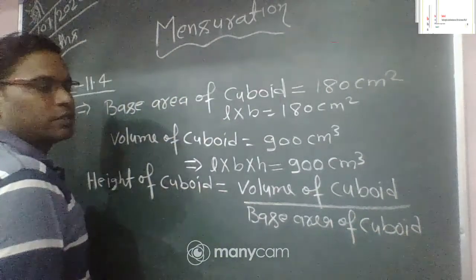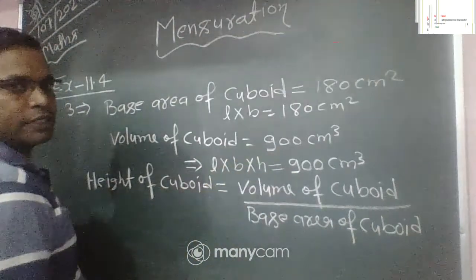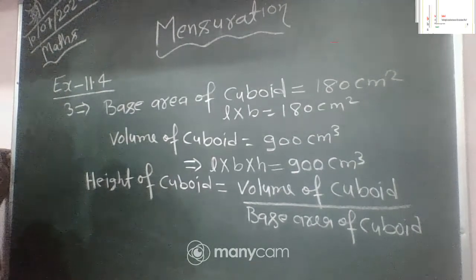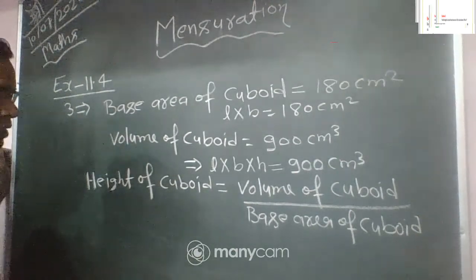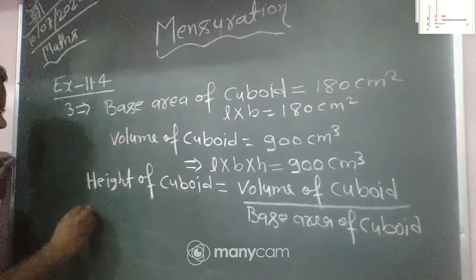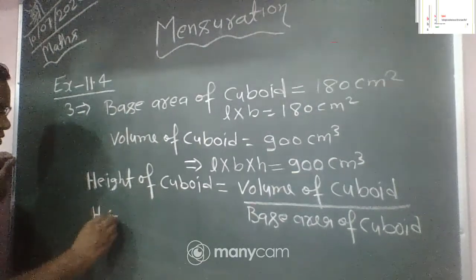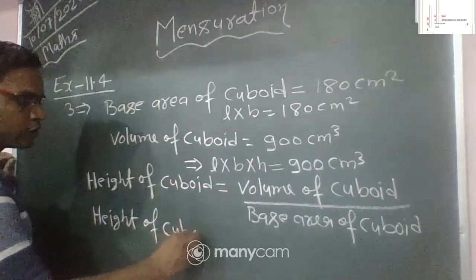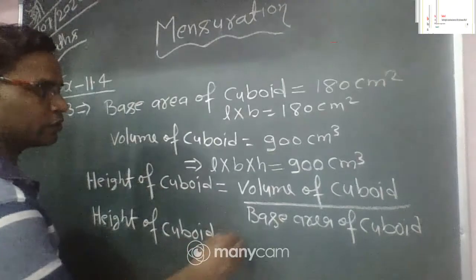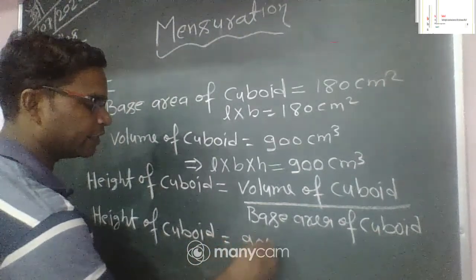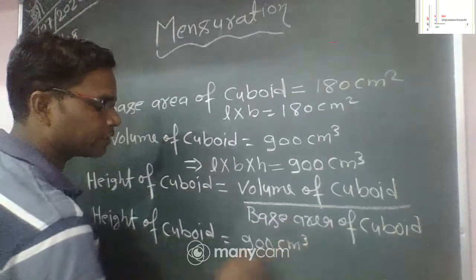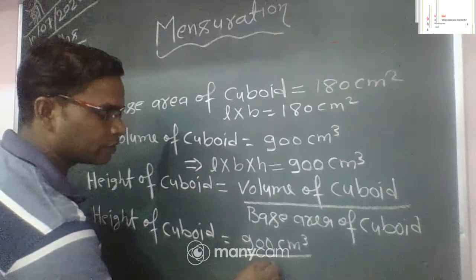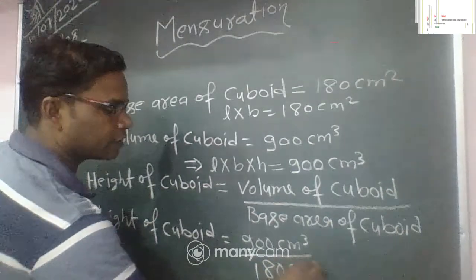Here volume is given, 900 centimeter cube, and base area is 180 centimeter square. So height of cuboid is equal to 900 centimeter cube by 180 centimeter square.